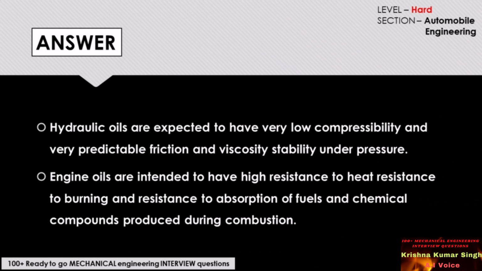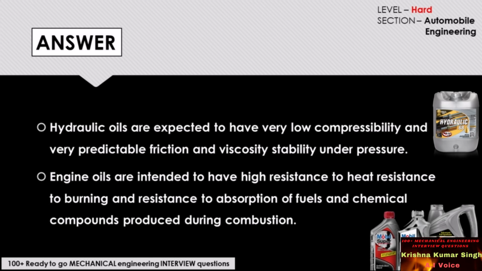The answer to this question would be, hydraulic oils are expected to have very low compressibility, very predictable friction and viscosity stability under pressure. Engine oils are intended to have high resistance to heat, to burning, and resistance to absorption of fuel and chemical compounds produced during combustion.